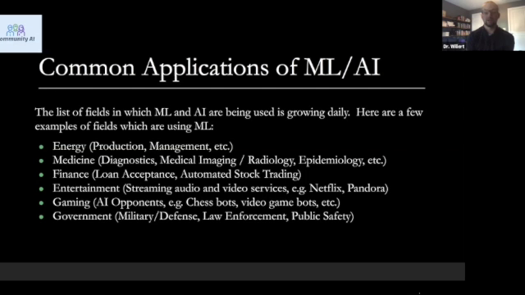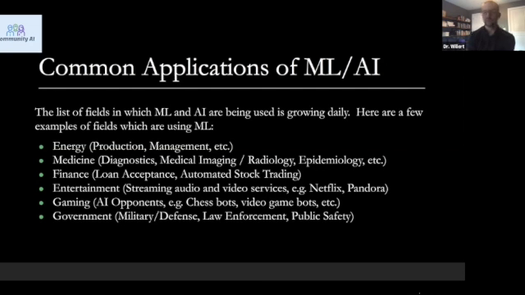In medicine, machine learning has been used in diagnostics and medical imaging. We'll talk about an example later on today, but CT scans and x-rays have been read by computers now and have achieved accuracy even greater than doctors who have been doing this their entire lives.